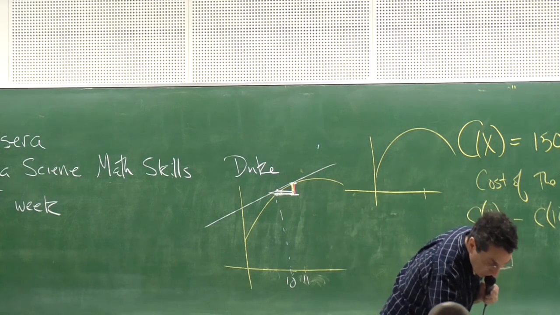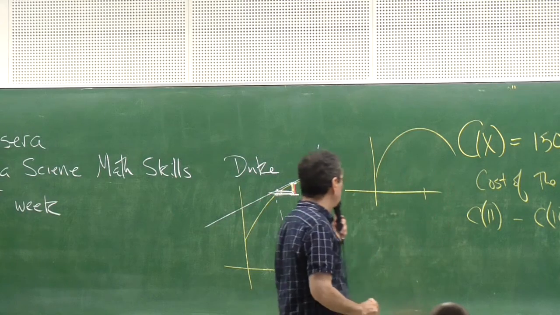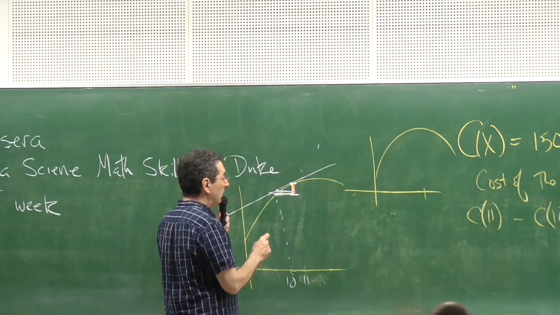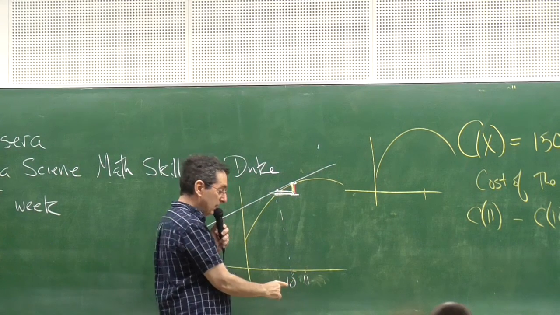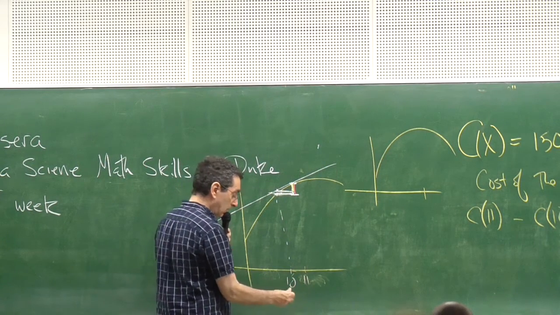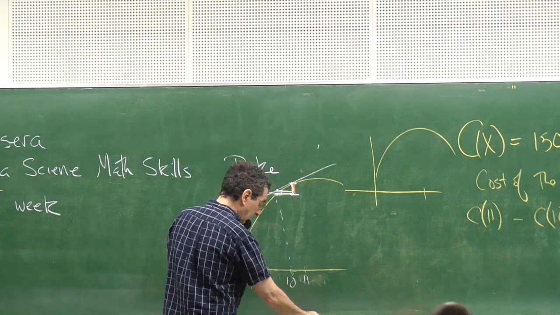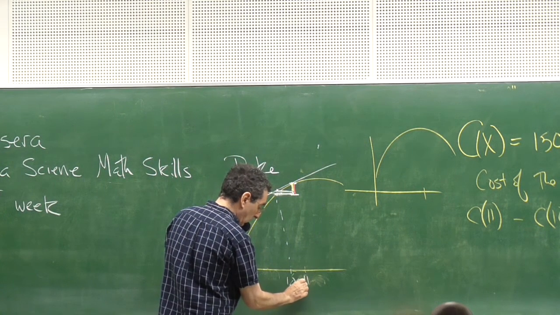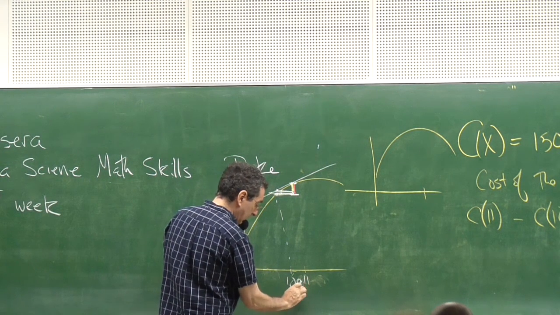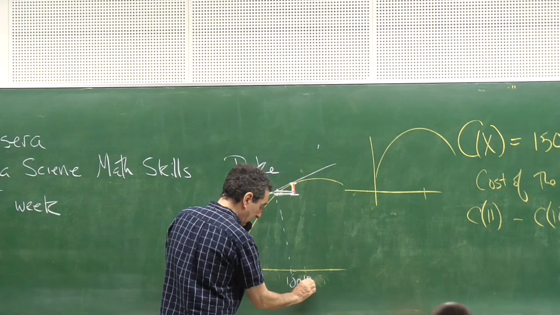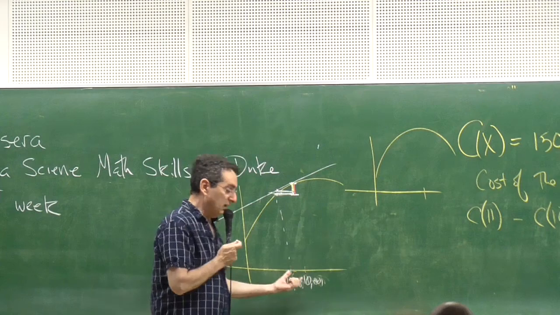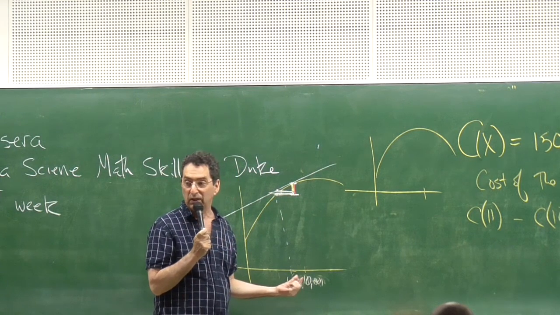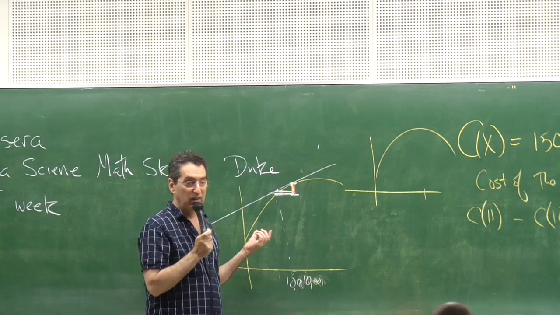But if this isn't 10, but rather this is 10,000, and this is 10,001, then these 2 points are super close to each other in this kind of scale.